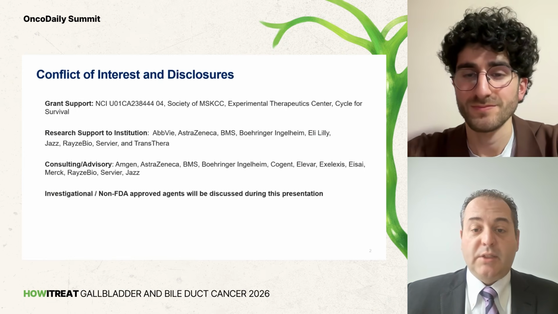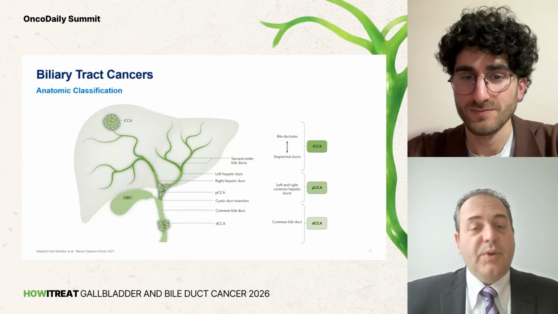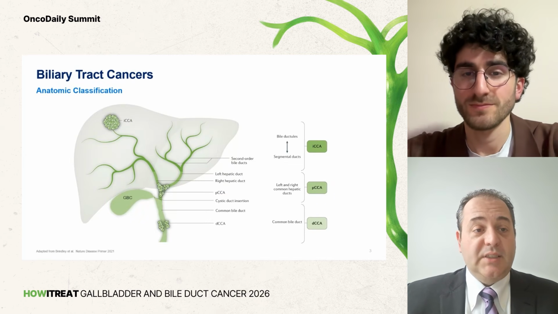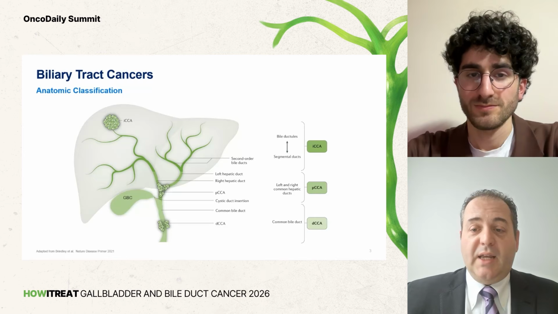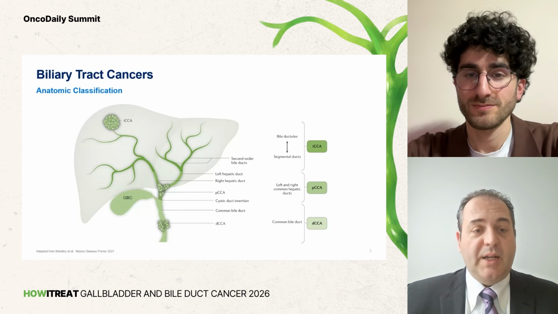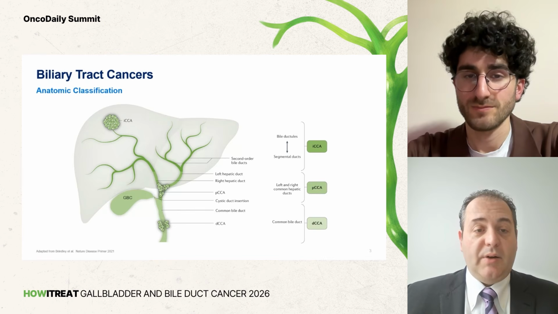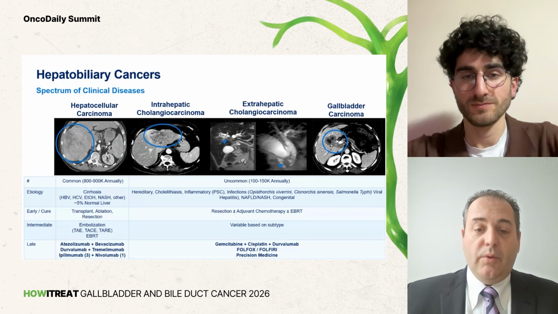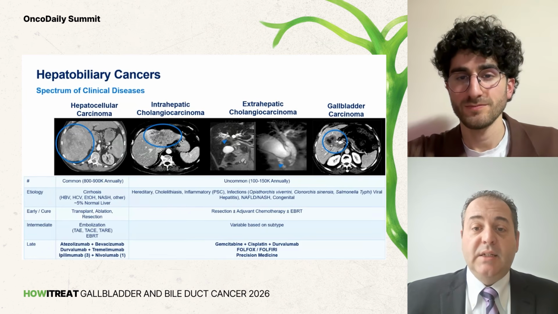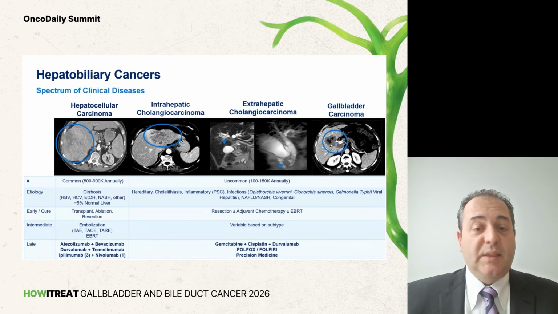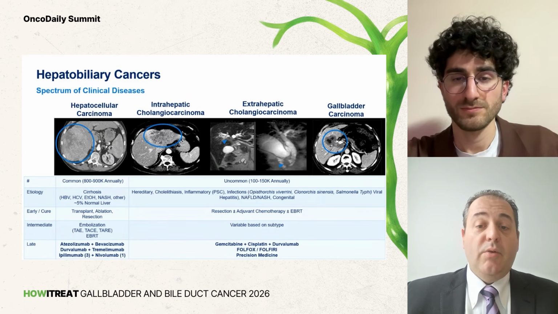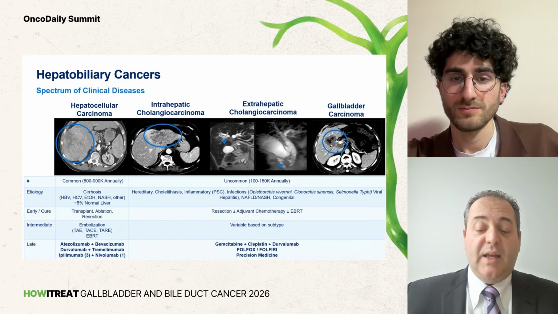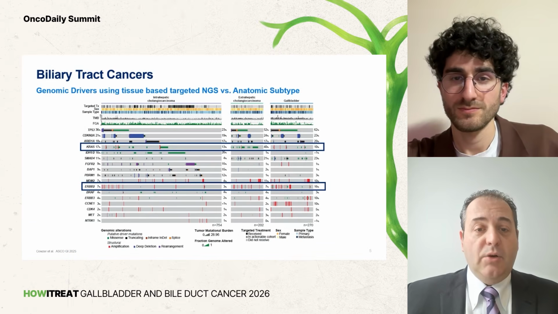Here are my disclosures. And as we've heard throughout the sessions today, biliary tract cancers comprise intrahepatic cholangiocarcinoma, extrahepatic cholangiocarcinoma, and gallbladder cancers. Although many of these diseases are treated in a very similar fashion, we know that they are clinically distinct, and importantly, they are genomically distinct.